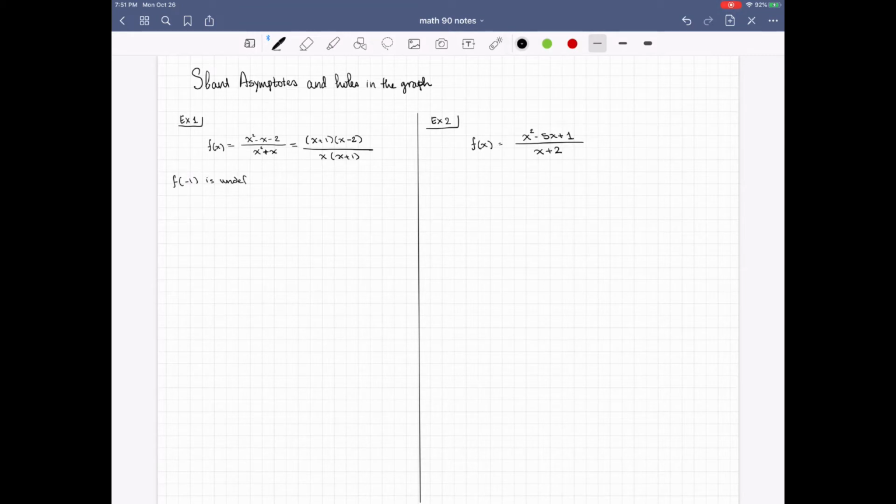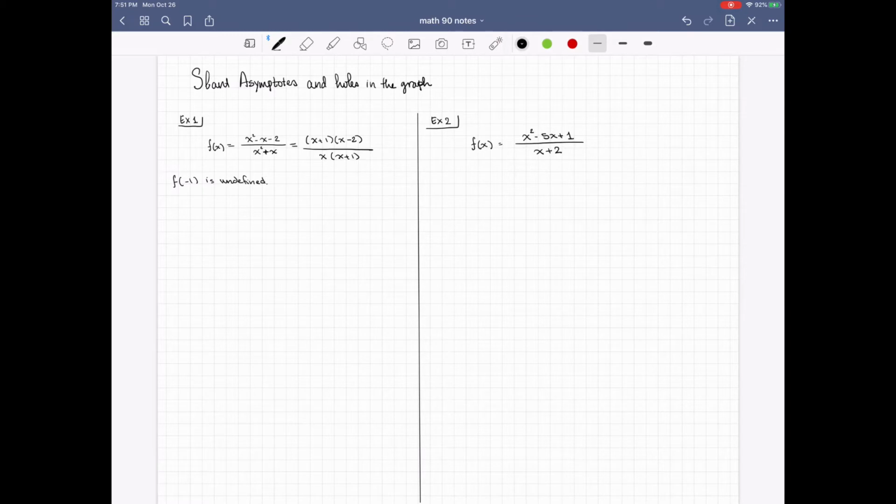For example, if you plugged -1 in for x, you would have -1 plus 1 times -1 minus 2 over -1 times -1 plus 1, and if you tried punching that into a calculator, you would get an error. So f of -1 is undefined. -1 is not in the domain of this function.